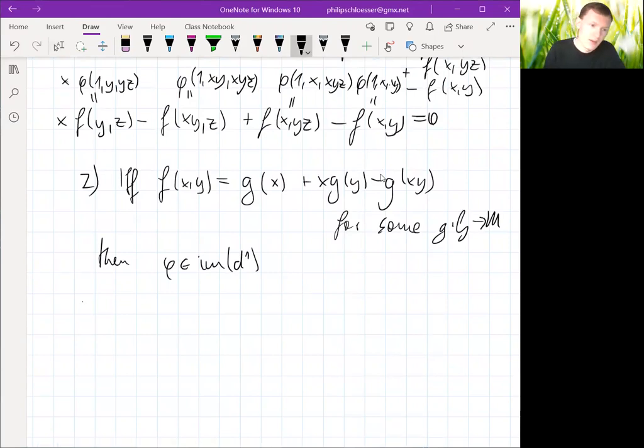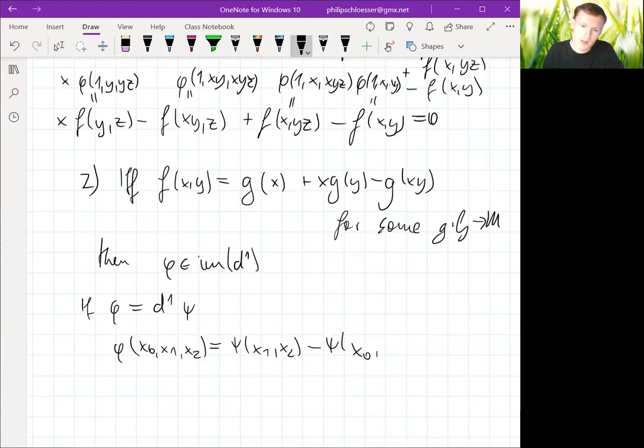So if phi lies in the image of D1, then we can write phi is equal to D1 applied to some map psi. But what does this mean if we write it out? Well, this means that phi of x0, x1, x2 is equal to psi of x1, x2 minus psi of x0, x2 plus psi of x0, x1.